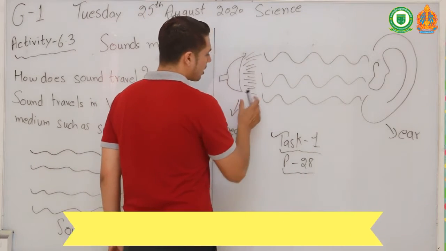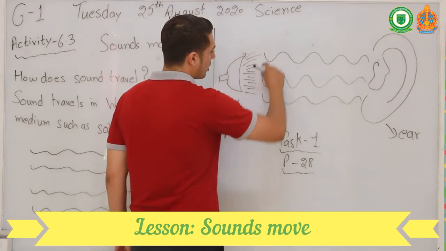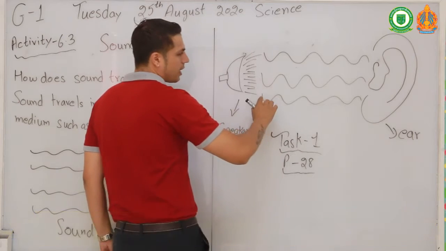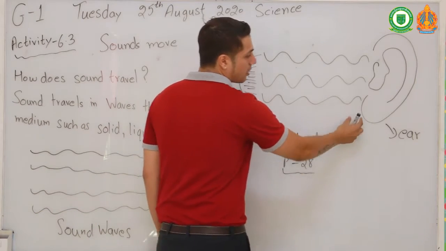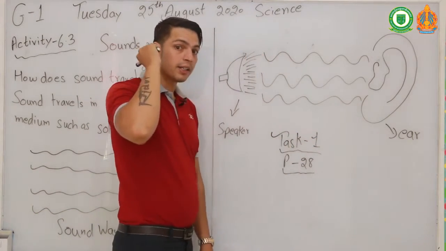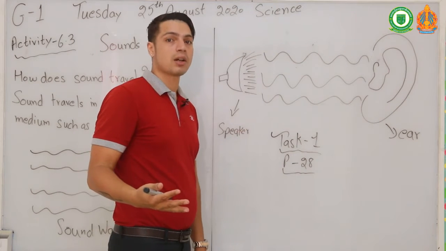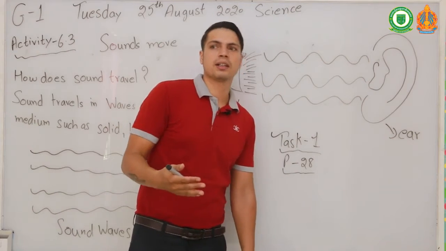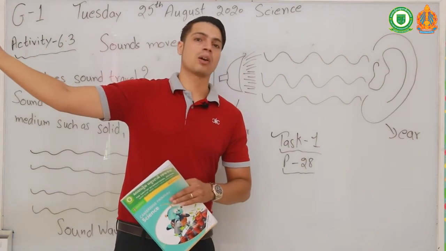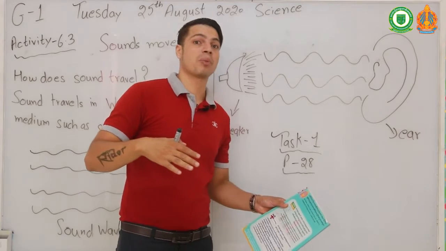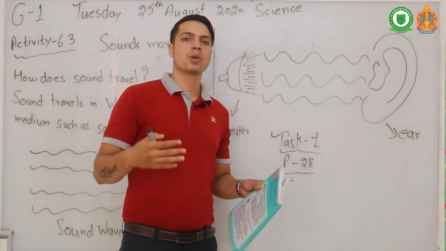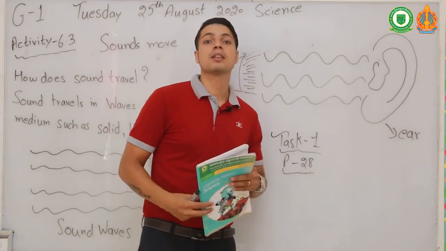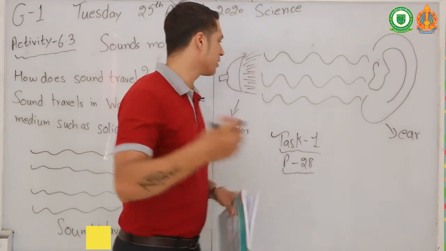The sound waves come out from a source of sound, and when the sound waves reach our ear, that's when we hear sounds. Sometimes there is a very loud sound somewhere, but we are very far from it. That's why we hear it very quietly, because sound waves take time to reach our ear.